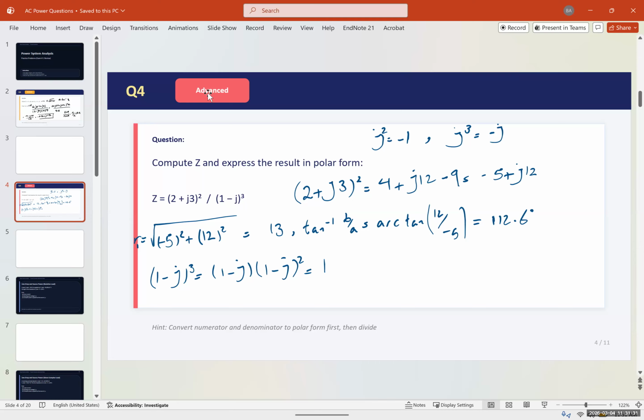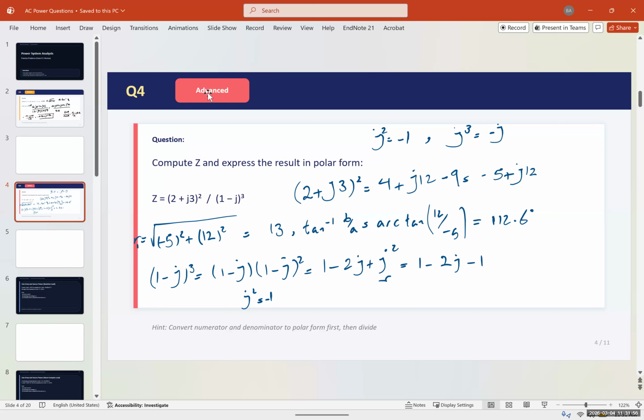Which gives us 1 minus 2j plus j squared. And we already know that j squared is equal to negative 1, so we can replace this with negative 1. What we're going to have is 1 minus 2j minus 1.